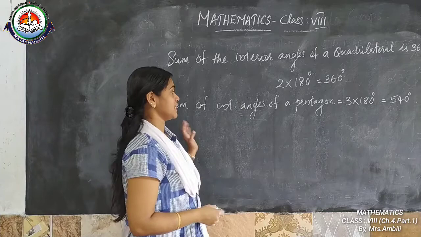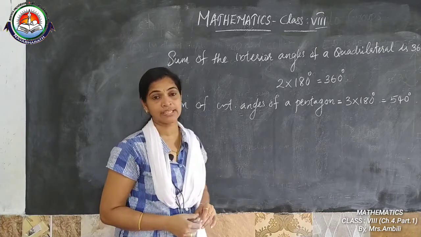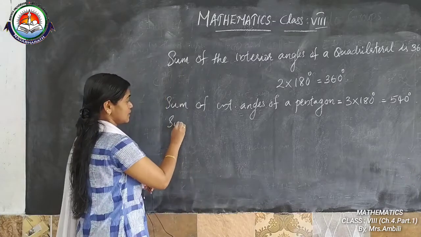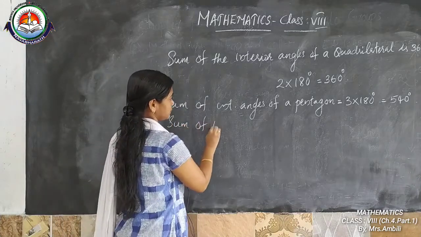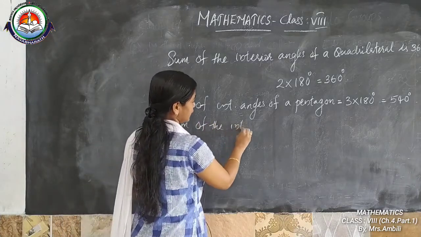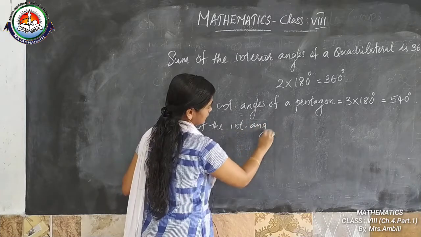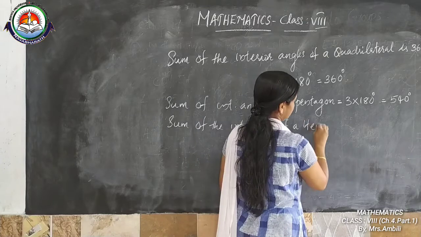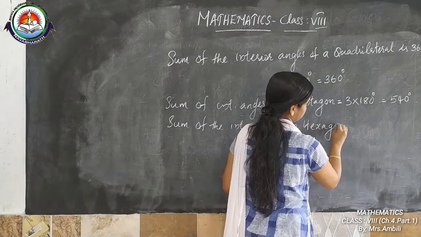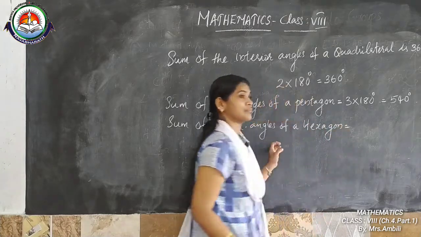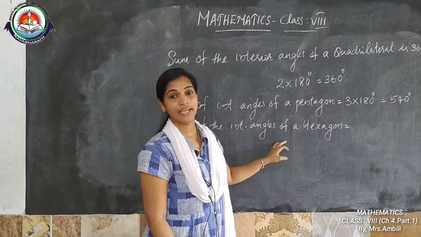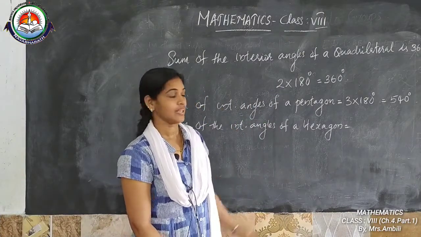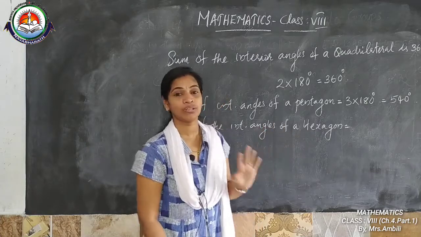Okay. If it is a 6-sided figure, 6-sided figure means it is a hexagon. So, that also we can look at, the sum of the interior angles of a hexagon. A hexagon is made up of 4 triangles. Okay, a hexagon is made up of 4 triangles.